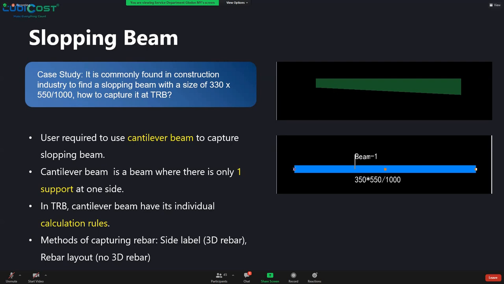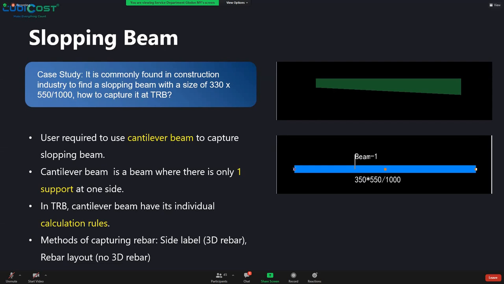Now, this is very important. Many people ask this question: what is the difference? And in our beam element, we do not have an element for a cantilever beam. So how can we capture this cantilever beam?